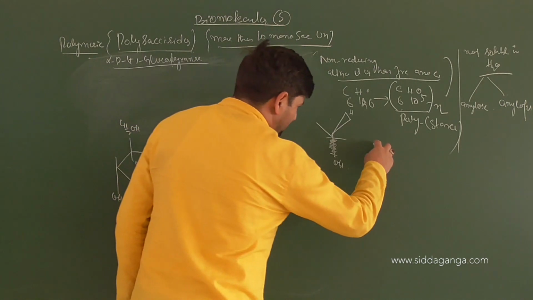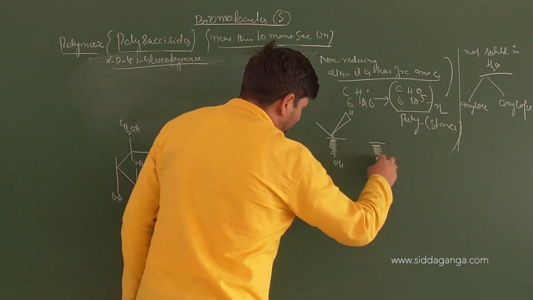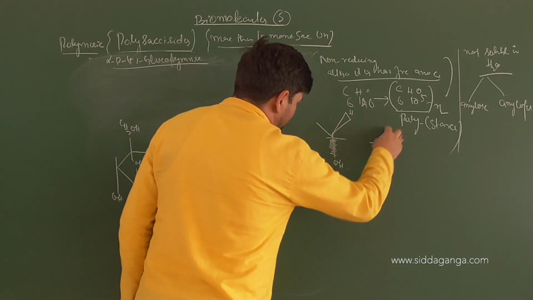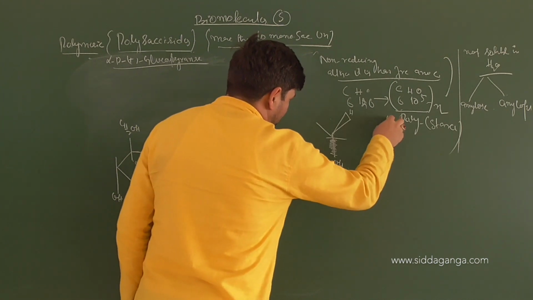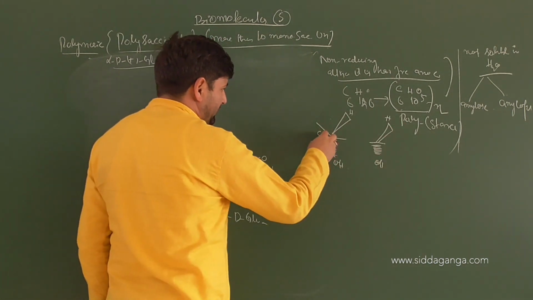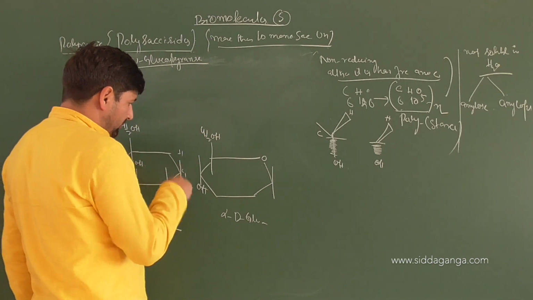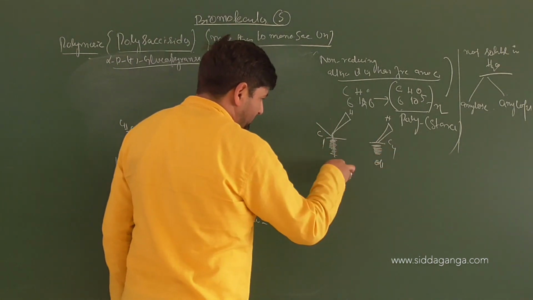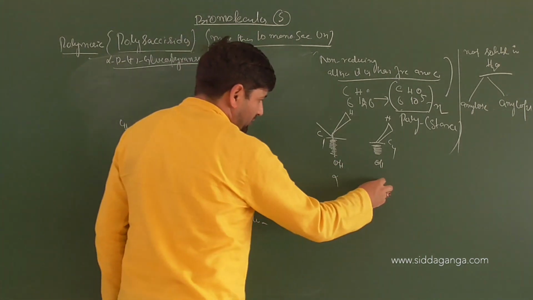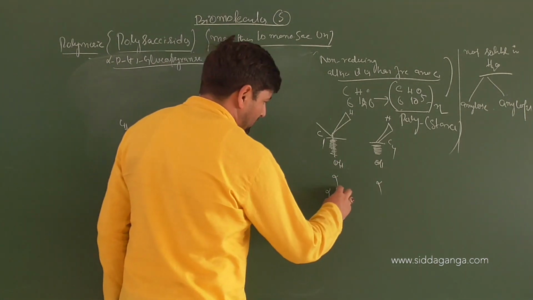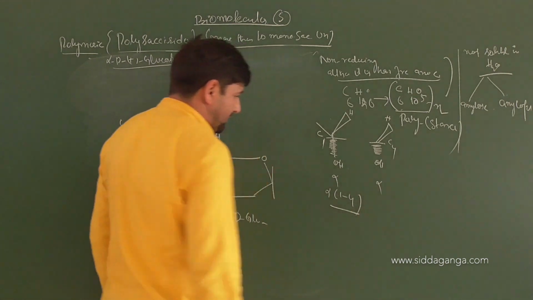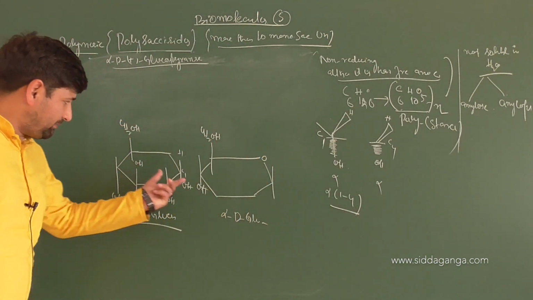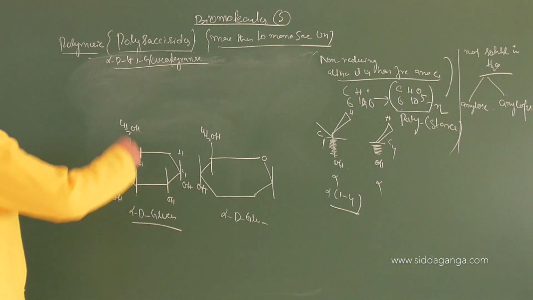Similarly for the other one, you have the OH below the plane and H above the plane. Keep it in mind, this one is carbon 1, the anomeric carbon, and this one is carbon 4. This is alpha glucose, this is also alpha glucose, so an alpha 1,4 link will be present in the basic repeating unit of this polysaccharide, that is starch.